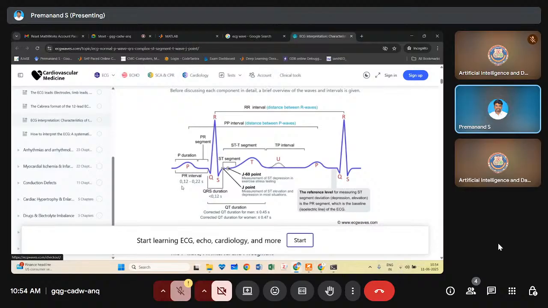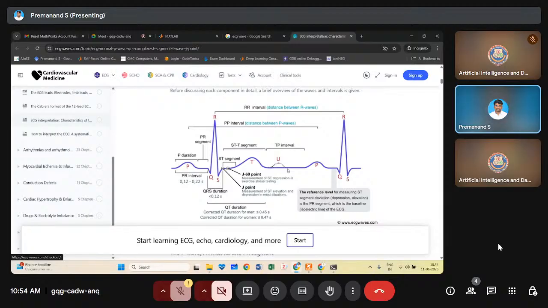The P interval should be in the range of 0.12 to 0.22 seconds. Likewise, we have P onset and P offset. Only after calculating those can we know the peak value. Likewise, we have it for all the segments, and that is the data I showed before.